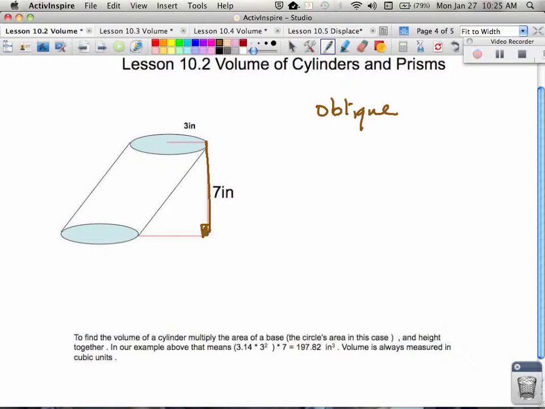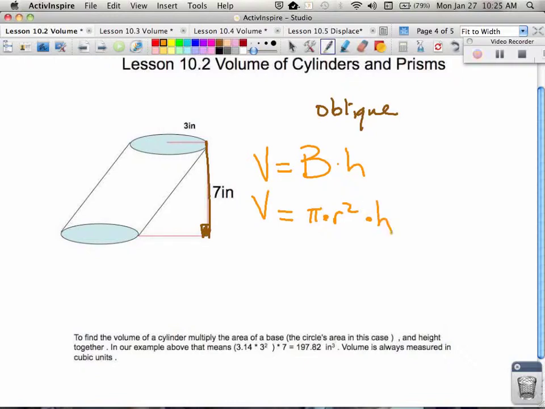Now the great thing is it doesn't even matter. We still have that our volume is going to be equal to the area of the base times the height. And in this particular example, we know that that means that our volume is pi times the radius squared, because our base is a circle, times the height of this cylinder, which is called h.